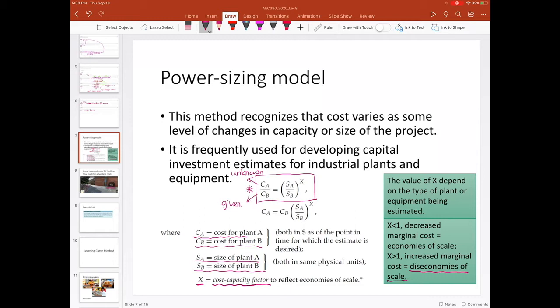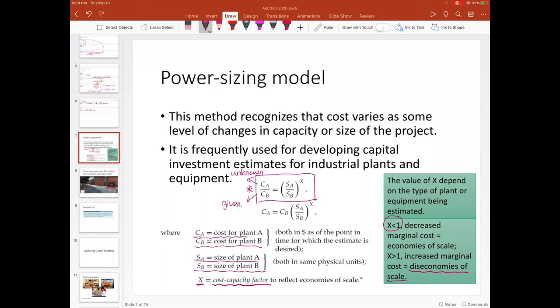And the more you produce, the more design you get, the much more marginal cost you're going to pay. So average cost will go higher. Okay, but here in this equation, the x is something that can tell you if it's a relationship for economy of scale or diseconomy of scale, and you just need to see if x is bigger than 1 or smaller than 1.